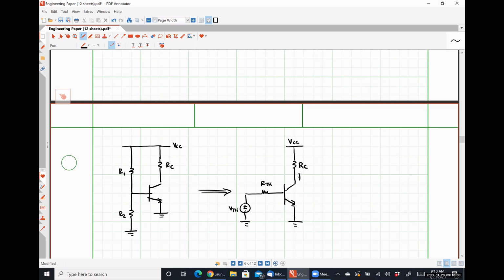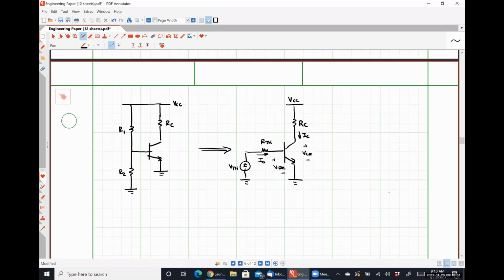So let's define our current IC, our base current IB, and our voltages VBE and VCE. We got 5 minutes left, so we can develop some equations here real quick.